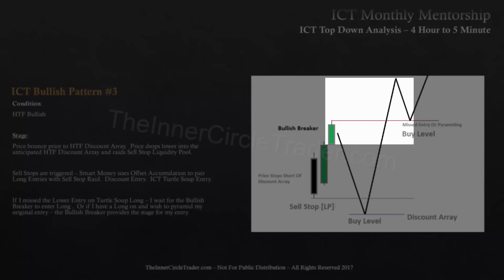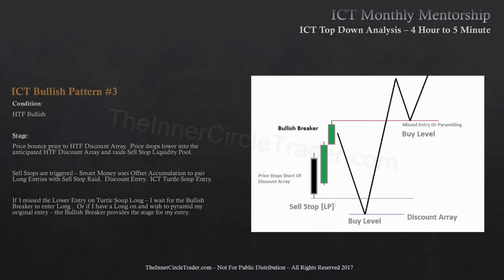This portion of the range is going to be a lower internal range liquidity or optimal trade entry. You won't see it like this, but on a lower time frame, it'll be an optimal trade entry. And it'll trade into a lower time frame bullish order block or a lower time frame discount array like a fair value gap. And then price will expand. But you'll overlap with that bullish breaker seen here.